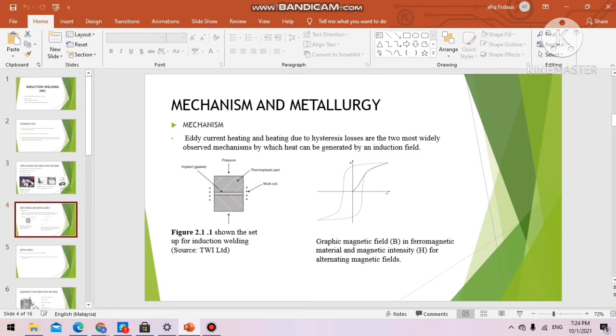If the magnetic field decreases, the magnetic strength decreases. There is, however, a lag between the two, resulting in a hysteresis loop that is shown in a graph of the magnetic field in a ferromagnetic material and the magnetic intensity of the electromagnetic field.